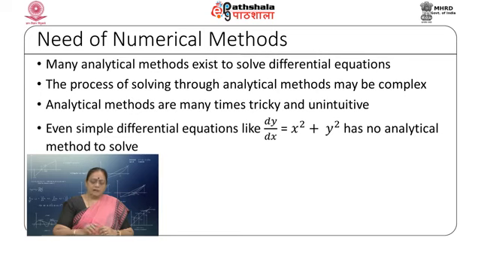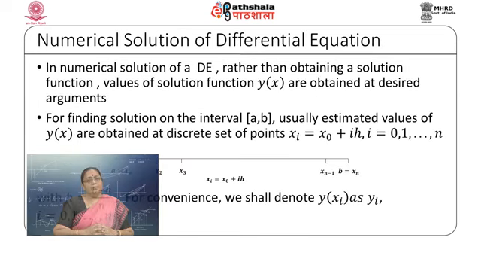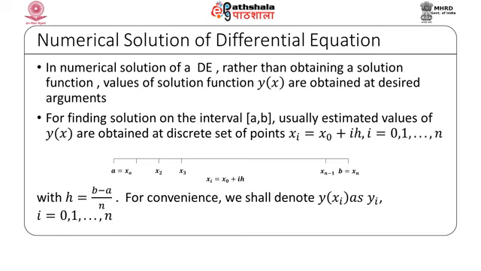Let us understand the nature of numerical methods to solve a differential equation. In the numerical solution, if we need a solution over the interval a to b, let us say our starting point is a, we will call it x0. We divide the interval a to b into n equal parts. Our step size h is (b minus a) by n, and we will find the solution beginning at the point x0, which is given to us in the initial value problem.